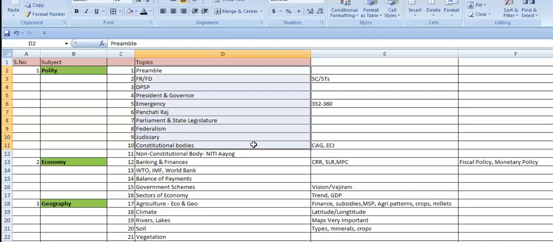The preamble, the formation of the constitution, where the preamble is taken from, like the Union of Soviet Socialist Republics. The preamble is on the first page of any NCERT book. You have to follow this every year, as there is one question in and around the preamble.